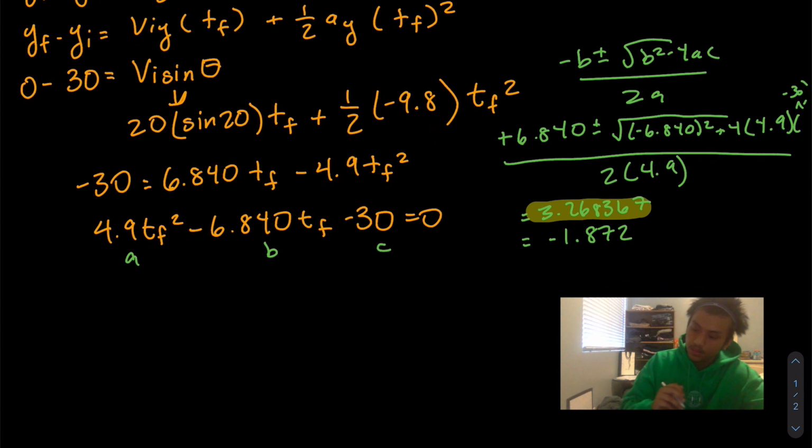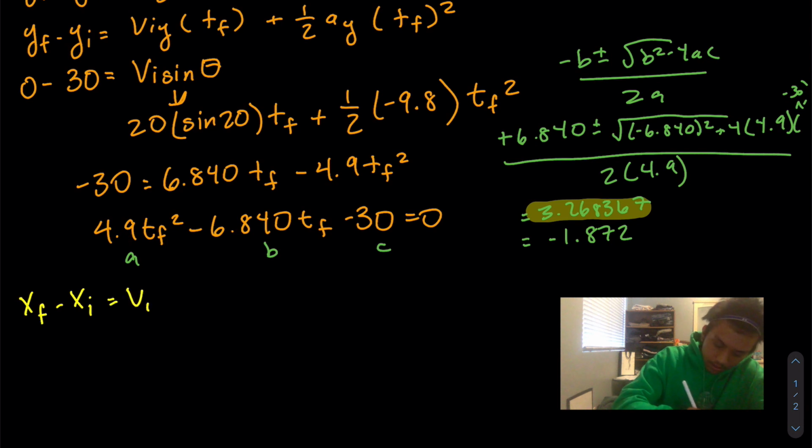X final minus x initial equals v initial x times t final. Basically the same thing that we did for y, we're going to do for x, to find the final position.